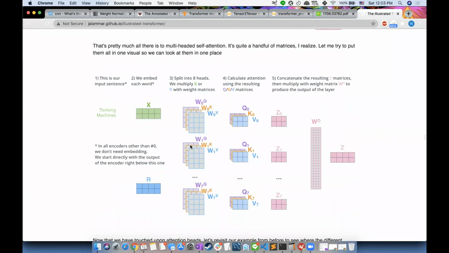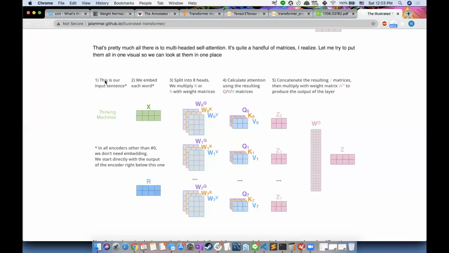Okay, we're going to do another recap because it's a lot of stuff. First step, the input sentence, X. Embed each word with the word embedding. Split that into 8 heads. We multiply X or R with 8 matrices. And again, I believe X is also split 8 times. Calculate attention using the resulting QKV matrices.